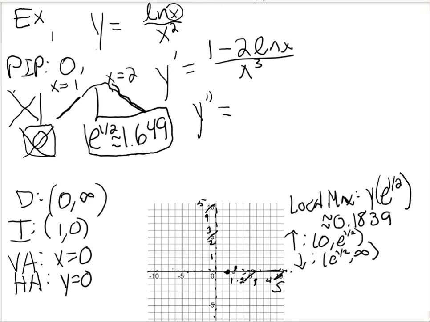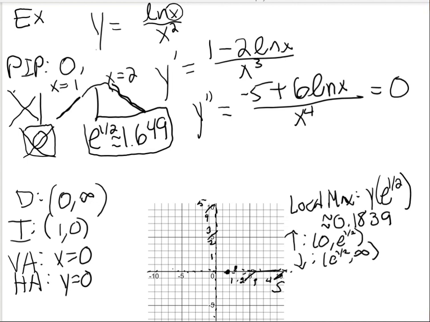Let's see, we had negative 5 plus 6 natural log of x over x to the 4th, setting equal to 0. So negative 5 plus 6 natural log of x equals 0.